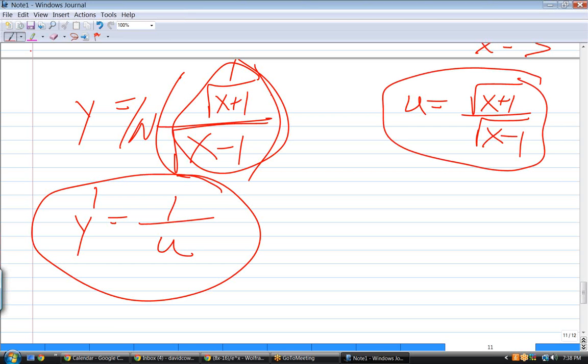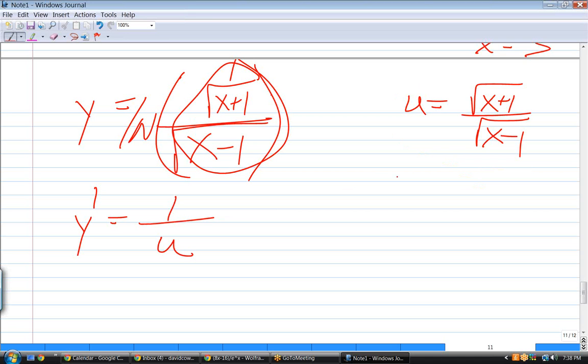Let's figure out what u prime is, using the quotient rule. Negative. Wait, no, it should be 1/2 x plus 1 to the negative 1/2.